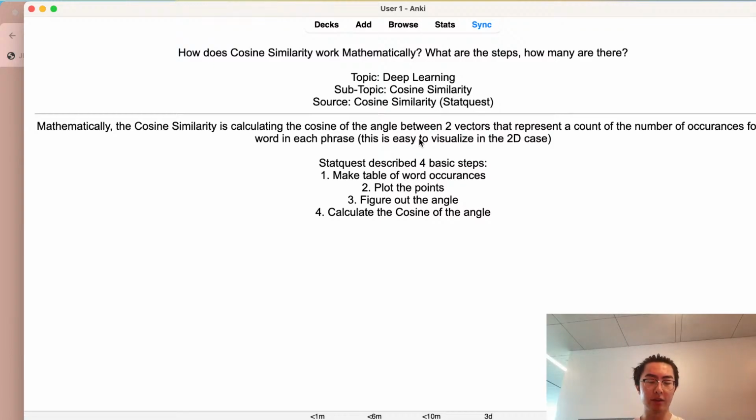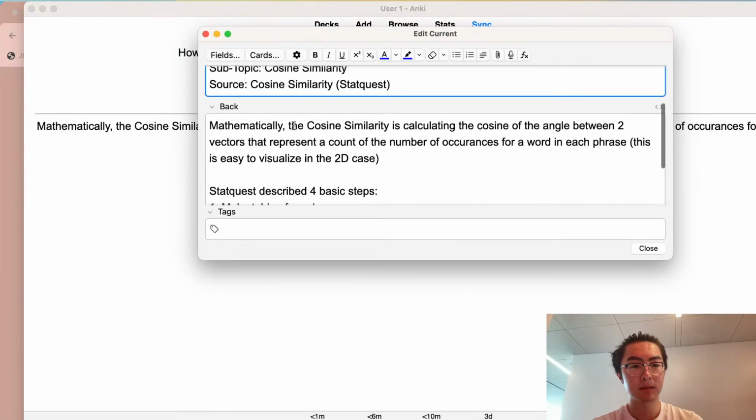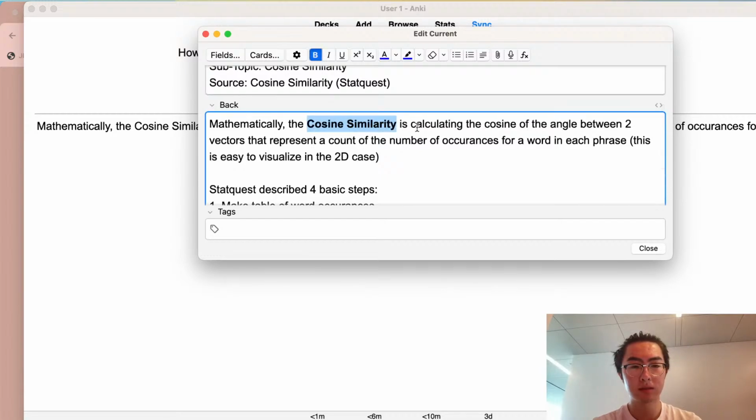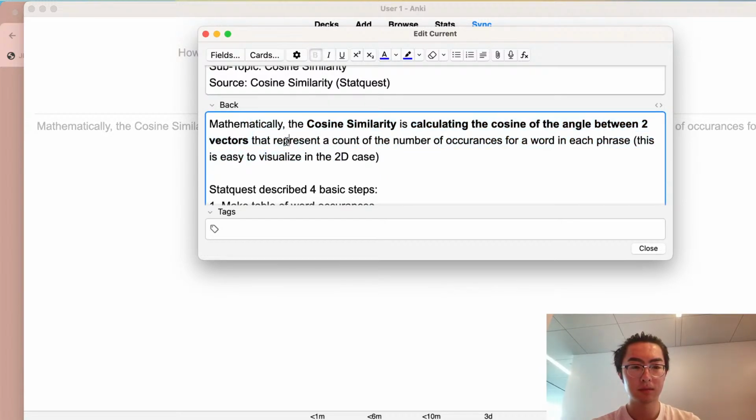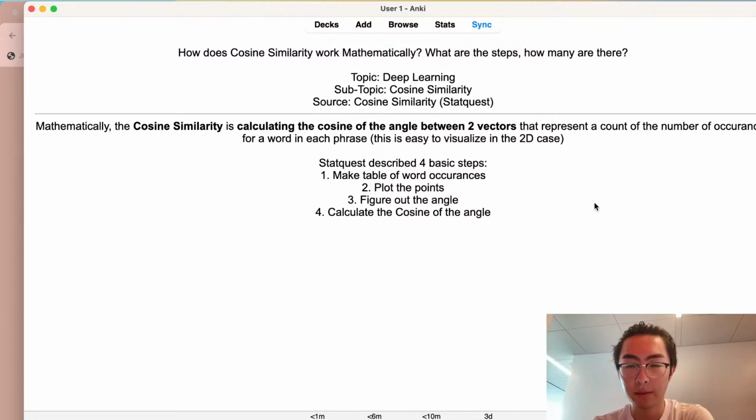Cosine similarity is calculating the cosine of the angle between two vectors that represent a count of the number of occurrences for a word in each phrase.